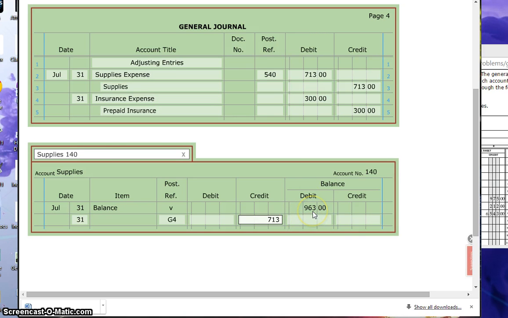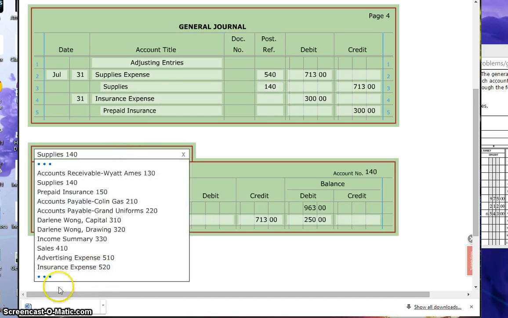And we know that the normal balance for all assets is debit. We have a debit balance here, and we have a credit amount here. So when we have one debit and one credit, we have to subtract. So if we take 963, subtract 713, we are left with a balance of 250. And then we take this 140 and we plug it in to show we posted.